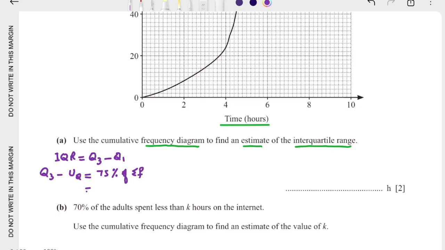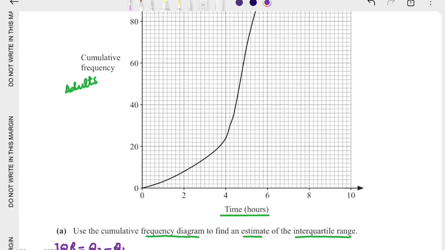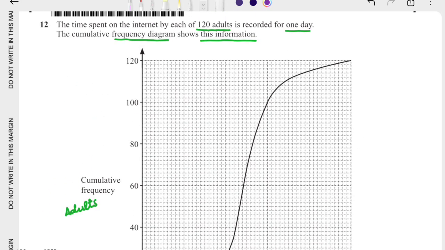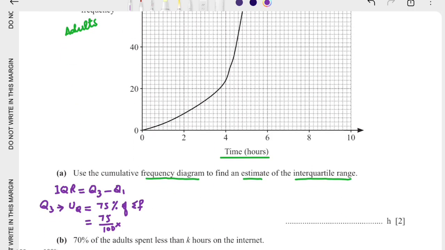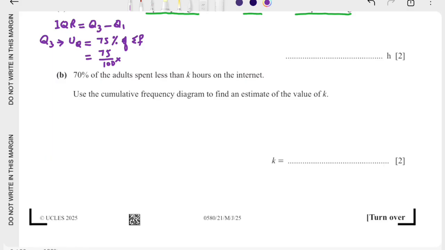So it will be 75 over 100 times the total number of adults, which is 120. Just see the curve. It stops at 120. So the total would be 120. Now we'll simplify it, it will be 90. Now we have to see the corresponding value from the graph.